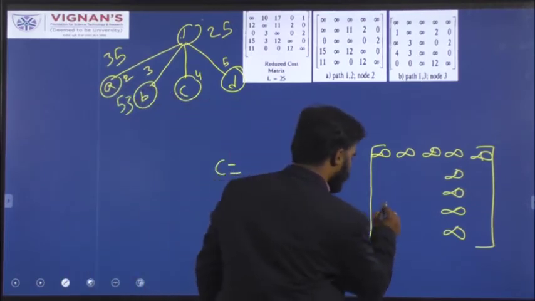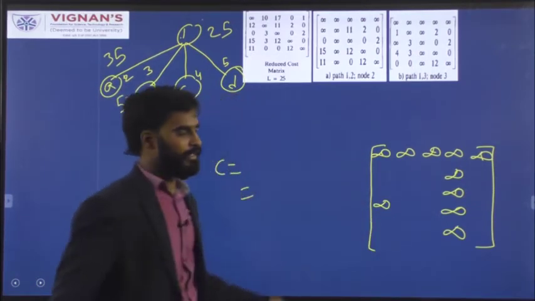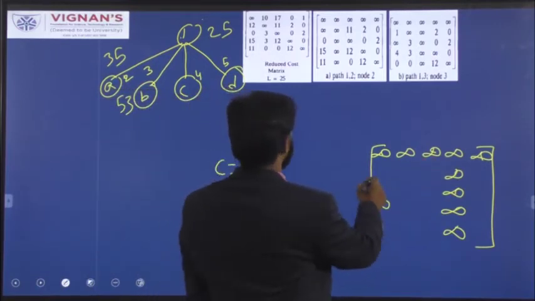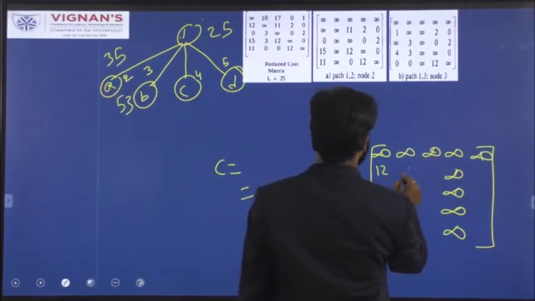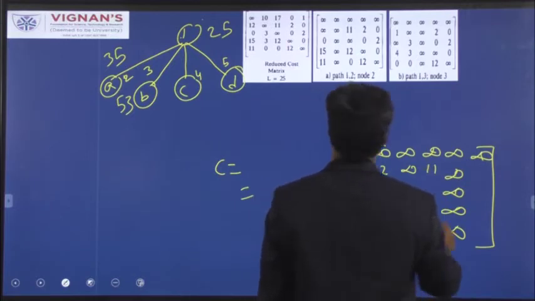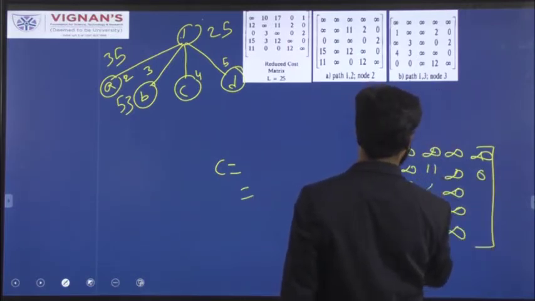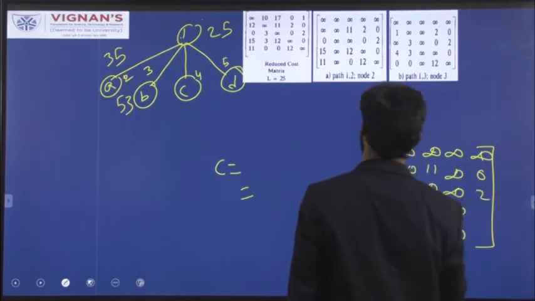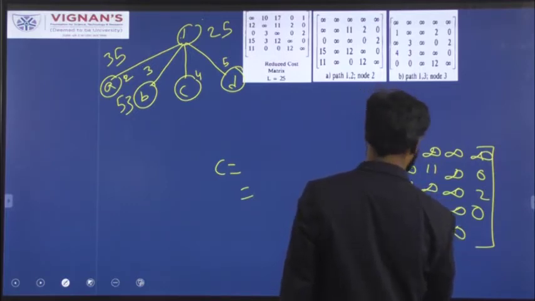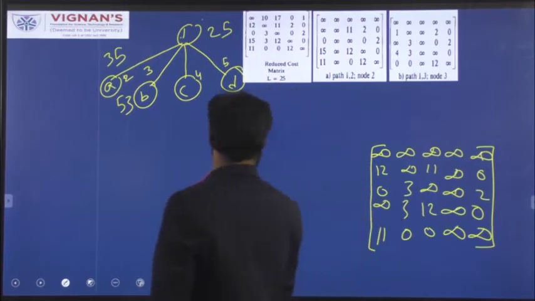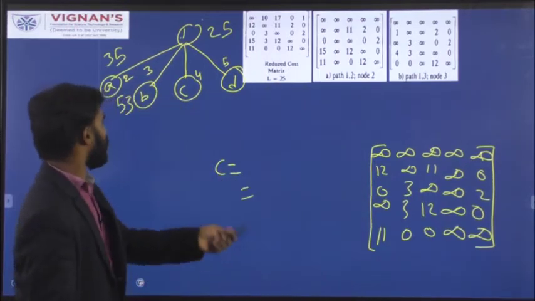The remaining, just copy from the initial reduced matrix. So it is 12, infinity, 11, 0, 0, 3, infinity, 2, 3, 12, 0, 11, 0, 0, and infinity. So this is the matrix for node C.